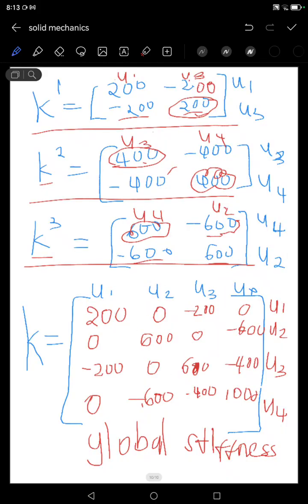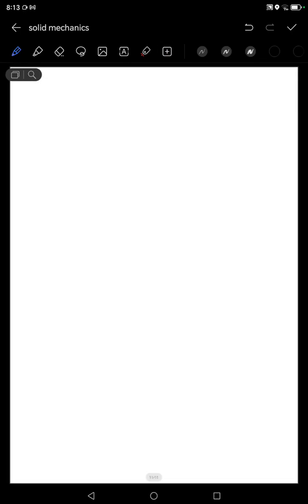Okay, moving forward, we're going to determine the boundary condition. After determining the boundary condition, that's where we're going to determine the equation. After getting the equation, we're going to determine the nodal displacement.